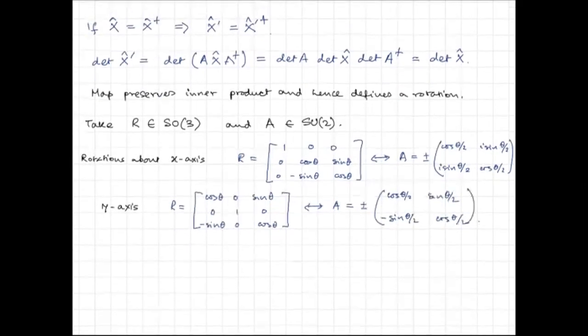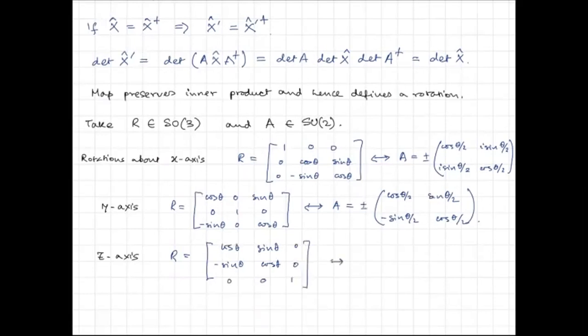And last but not the least, if you wanted to look at things about the z-axis, then R is again given by the stuff that you know. So [cos theta, sine theta, 0; minus sine theta, cos theta, 0; 0, 0, 1].